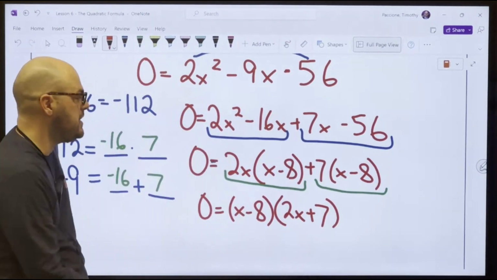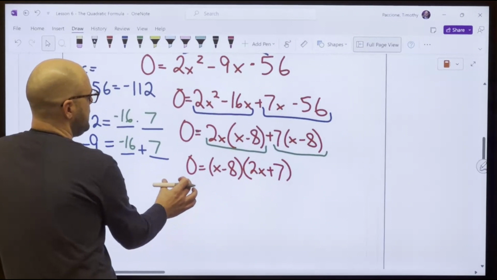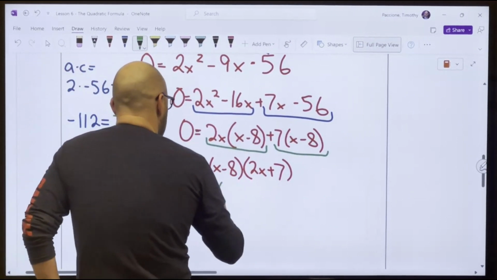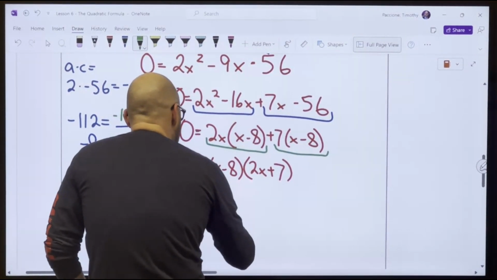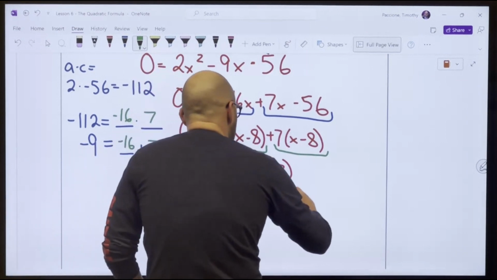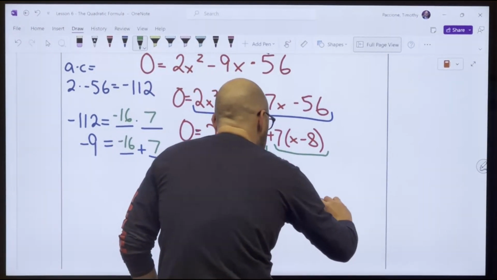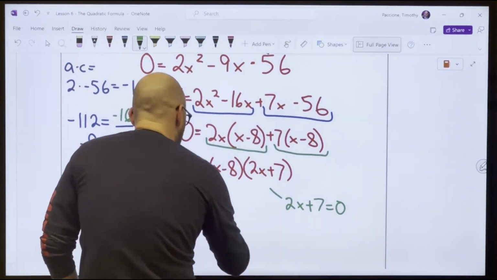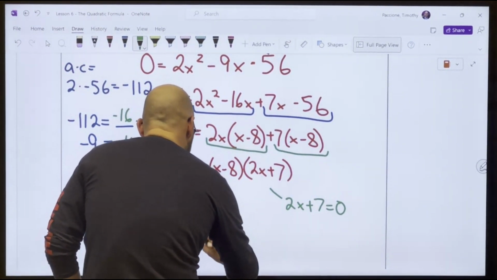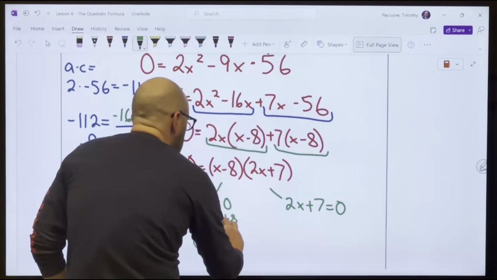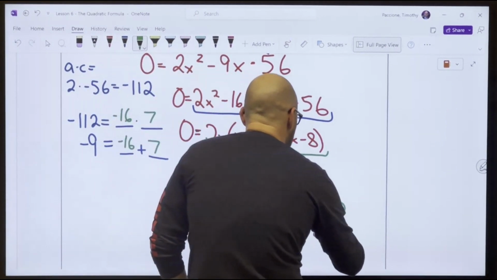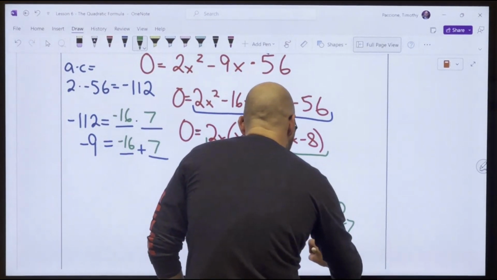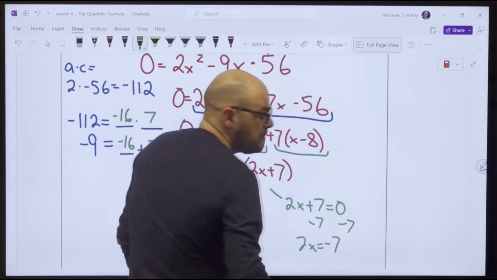Now I can solve this because I got zero product property. So this becomes x minus 8 equals 0, and 2x plus 7 equals 0. Add 8 to both sides, I get x equals 8. On this one, minus 7, 2x equals minus 7.